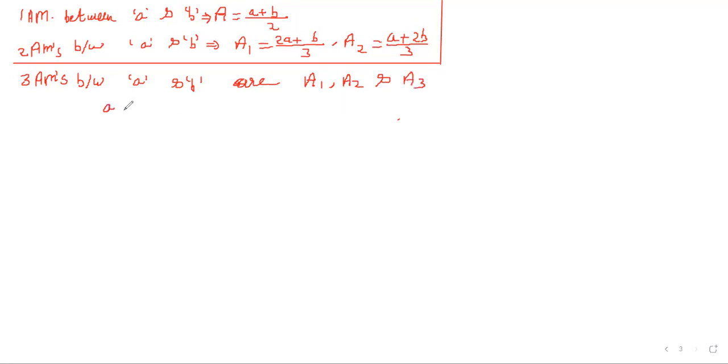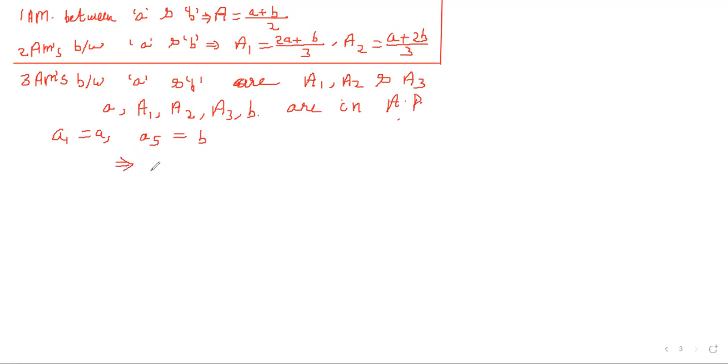It means first term is a, second term is A1, third term is A2, fourth term is A3 and fifth term is b. And these 5 terms are in AP with first term a and fifth term b.